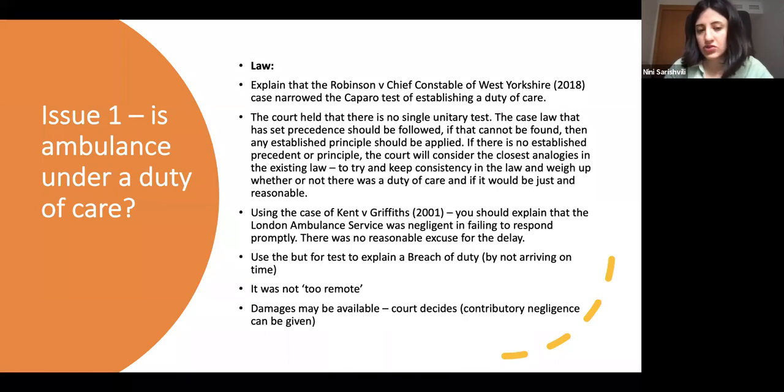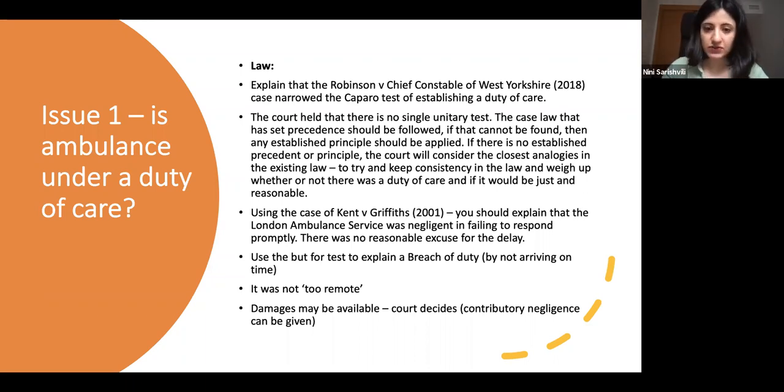So you should apply the Robinson test, and the relevant case here is Kent v Griffith. As we discussed, as Robinson established, we need to find a similar case with similar facts to apply in order to decide whether or not it's fair, just, and reasonable to establish a duty of care. The similar case that Robinson asked us to find is Kent v Griffith.